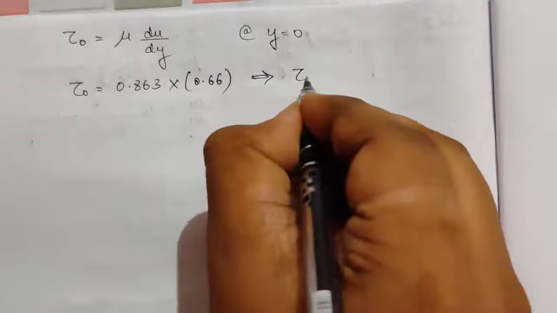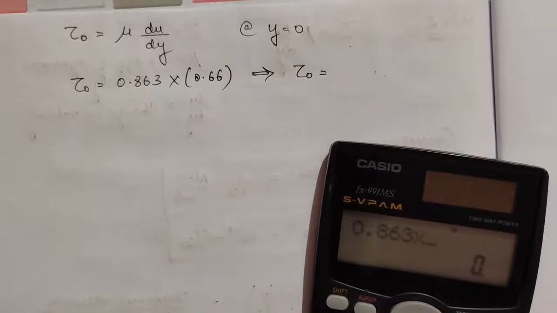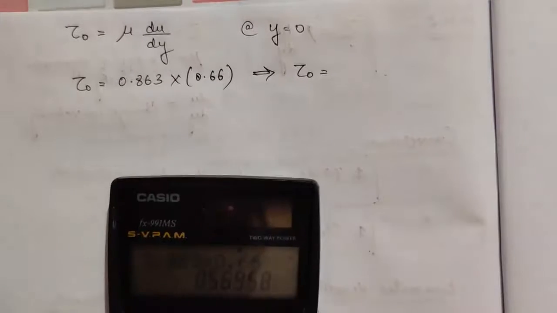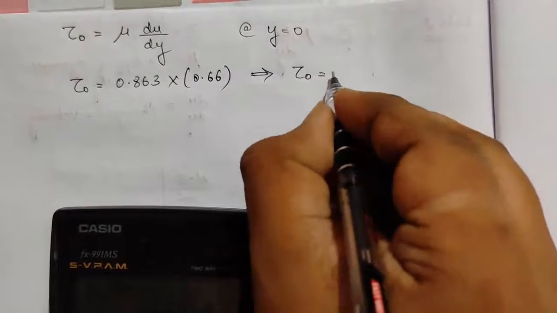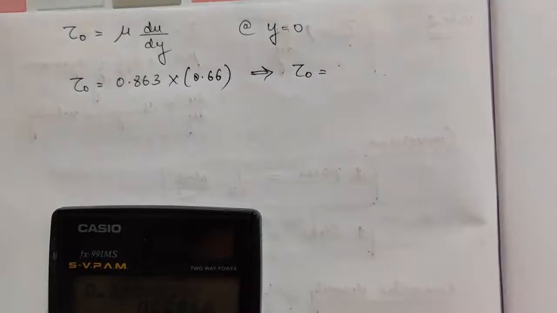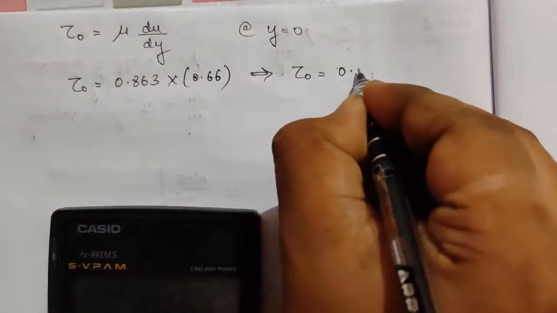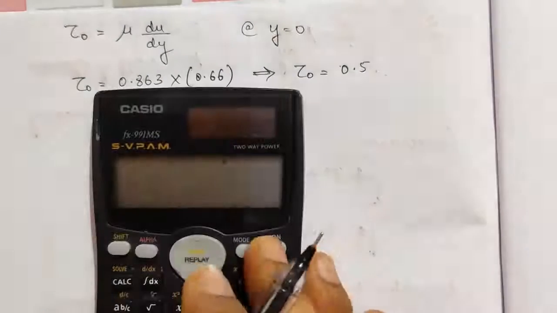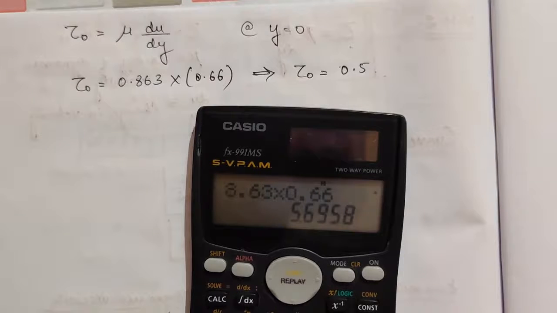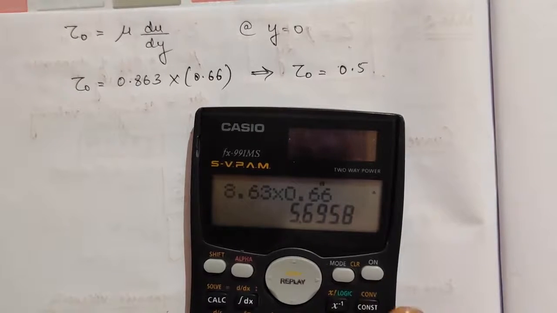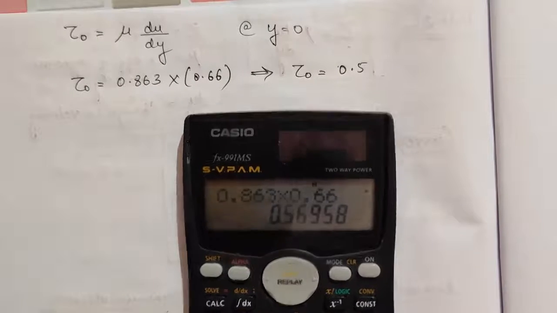It implies tau naught is equal to 0.863 into 0.66. Here units are very important. Conversion is very important. You may think it is easy, but while doing it you will face the actual problems. If I didn't convert, it would be 8.63 into 0.66, so 5.69. So conversion is very important.